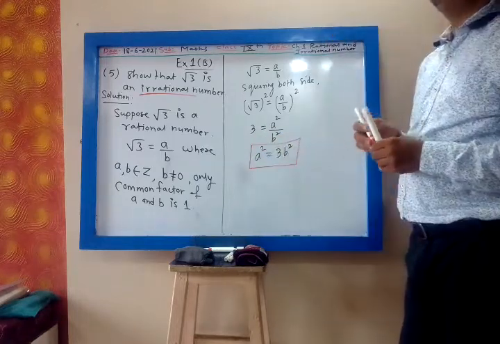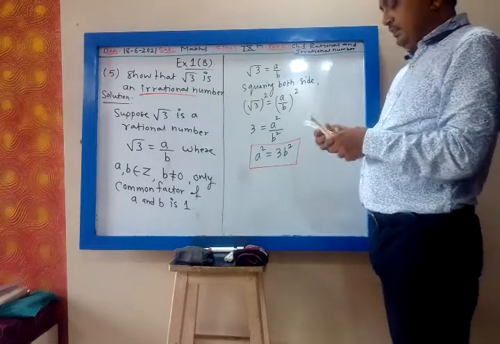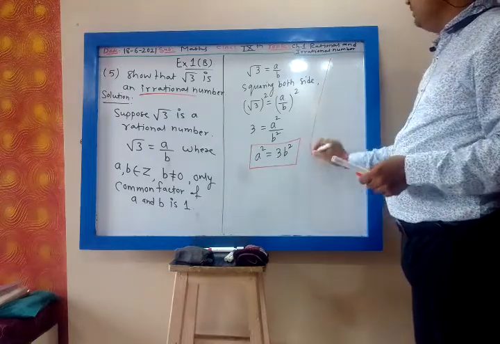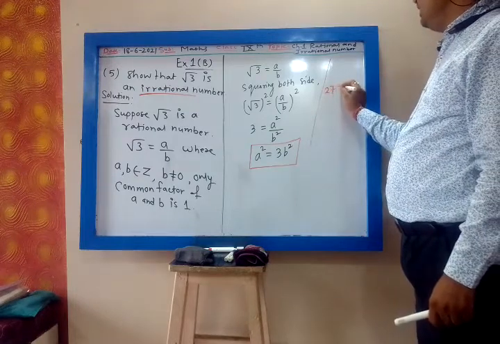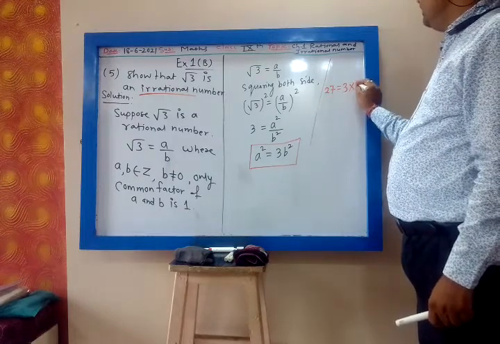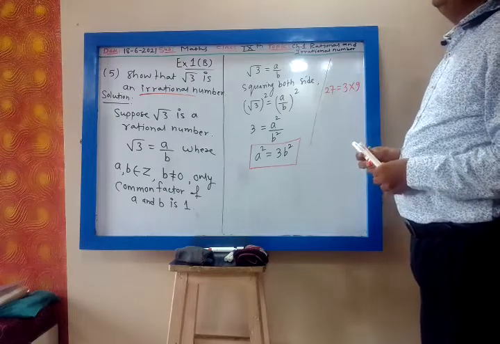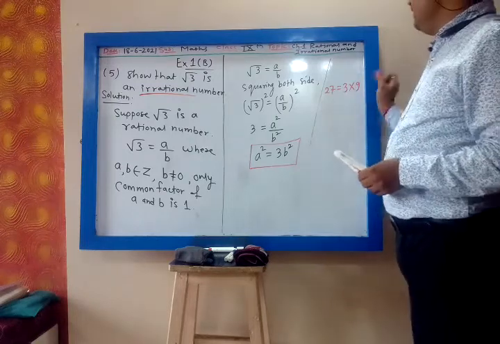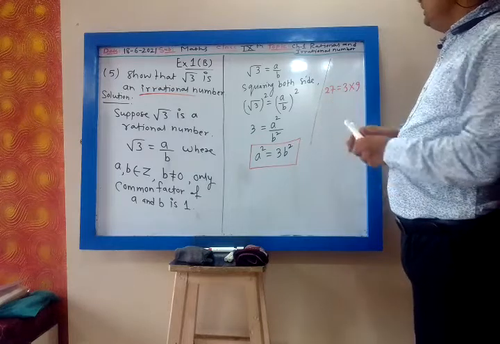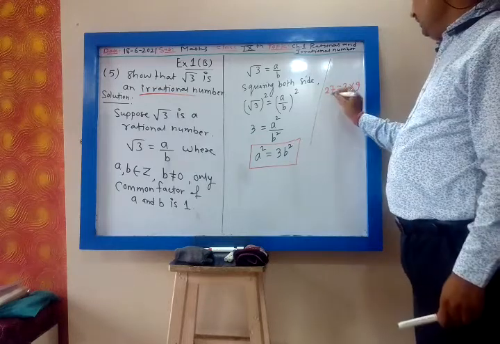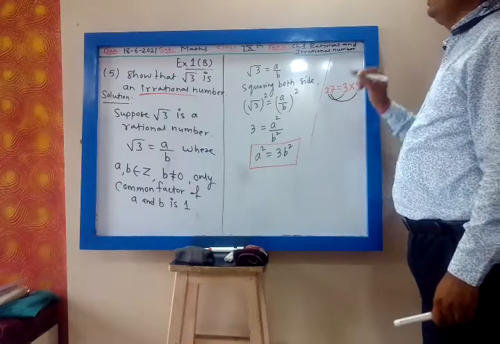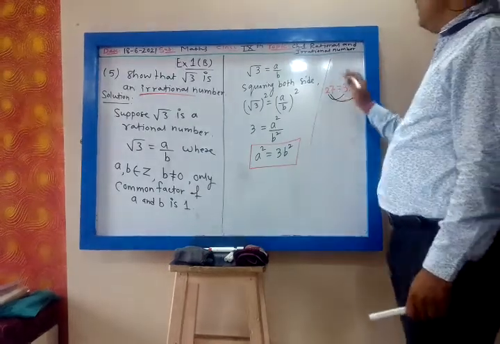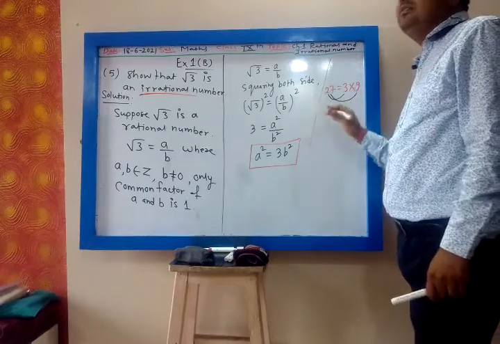Now see here. We have seen the factors. If 27 can be written as 3 into 9, that means 27 is divisible by 3 and 27 is divisible by 9. We can divide 27 by 3 as well as by 9.